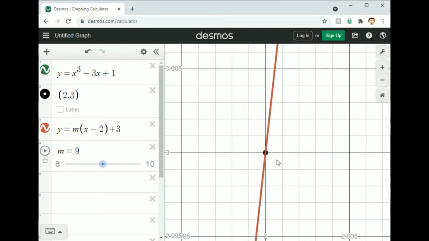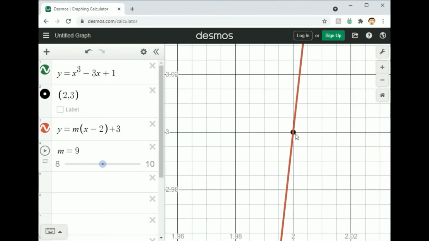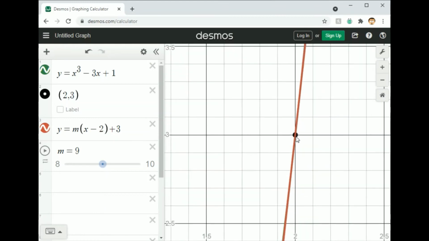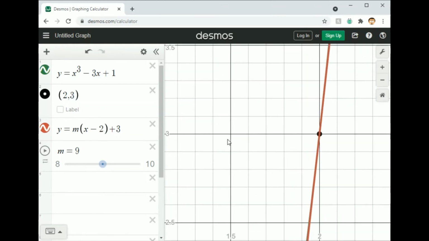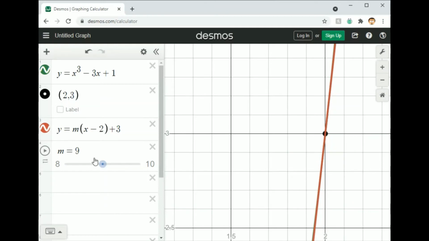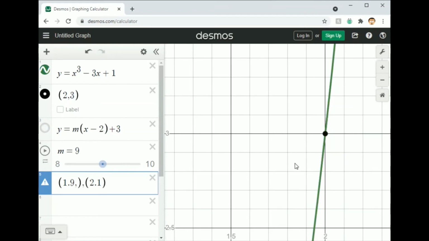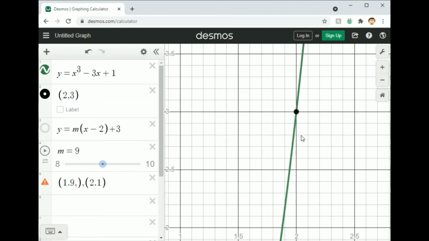And essentially what I want to do, I have to probably zoom out a little bit. I think that's the right amount. If I plug in a point that we're close to x equals 2, I'm going to do between 1.9, and I'm going to leave the second number blank for just a second. We'll see why. 2.1. I need to figure out what it's going to be. Let me just turn off that line there.